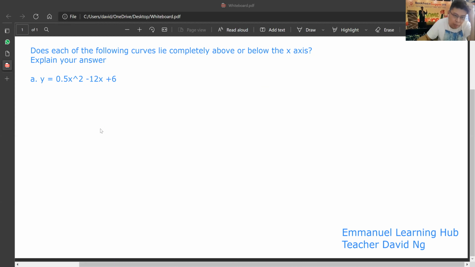Half x squared minus 12x plus 6. Same thing. You have to complete the square, because you need the coefficient of x squared to be 1.